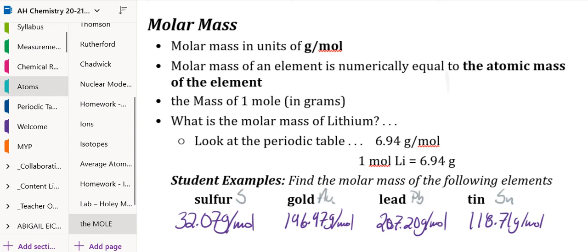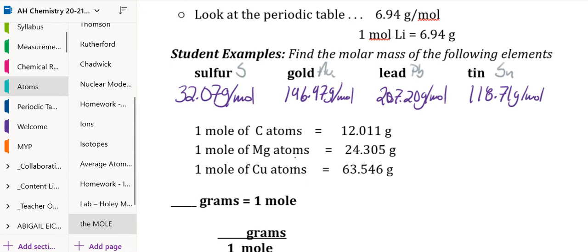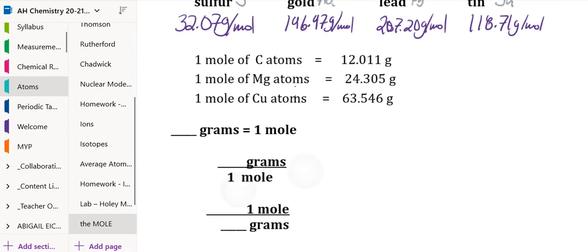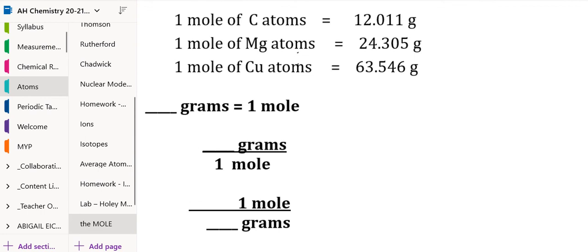Okay. We can write average atomic masses or molar masses as conversion factors. So if we look up the molar mass of carbon, it's 12.01. And so 1 mole of carbon atoms occupies a mass of 12.01 grams. Occupies a mass? That's not the best wording, but yeah.